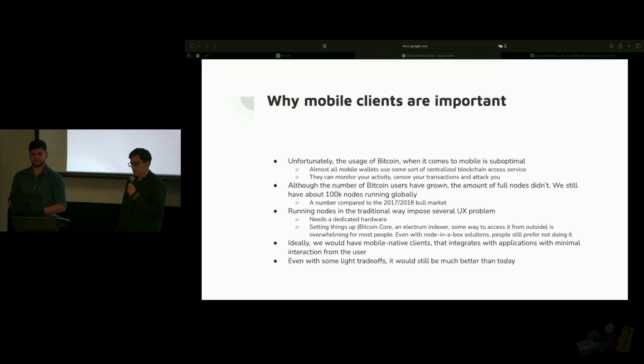Nowadays, it's basically you connect to a centralized server, like an Electrum server or explorer server, and ask them for information, so they can log you, they can know exactly what you're doing, they can lie to you and pretend some payment went through when it didn't, so they can attack you. They can blacklist you.